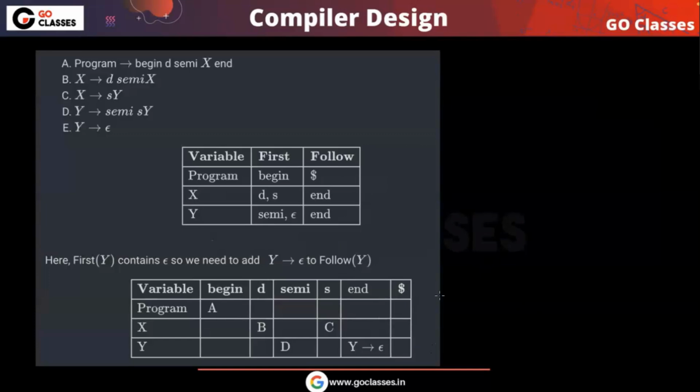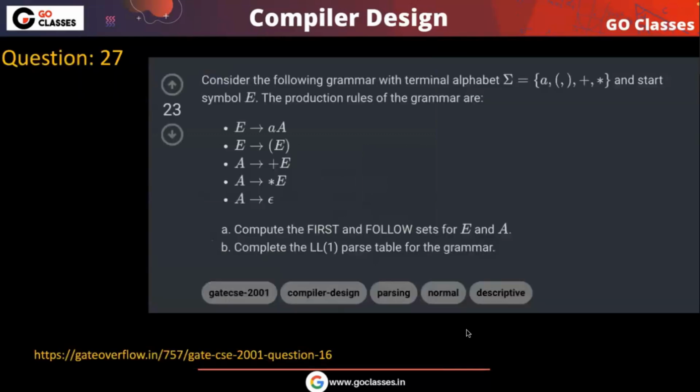Cool. So you can do this. Now let's just see this. This question has been asked in GATE 2001. So what they're saying, consider the following grammar with the terminal alphabet and start symbol E. The production rules for the grammar are this one.